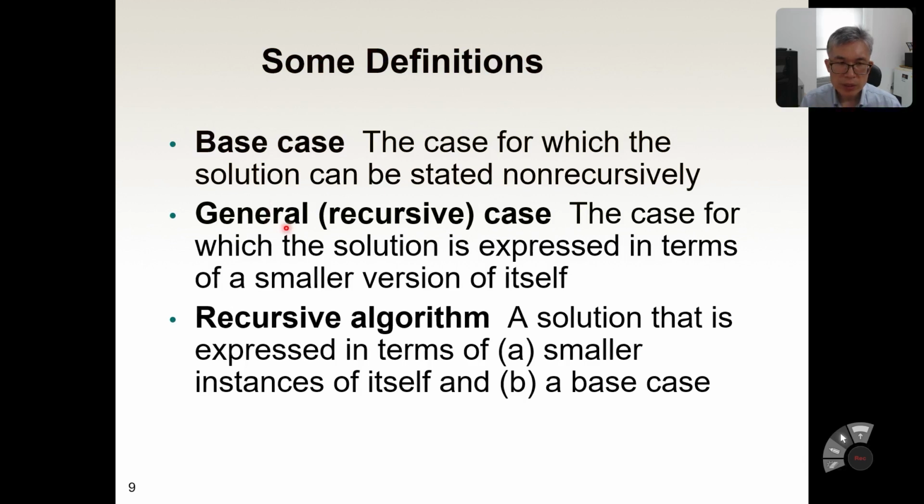On the other hand, the general or recursive case is the case for which the solution is expressed in terms of a smaller version of the recursion function. Finally, a recursive algorithm is a solution that is expressed in terms of smaller instances of itself and a base case.